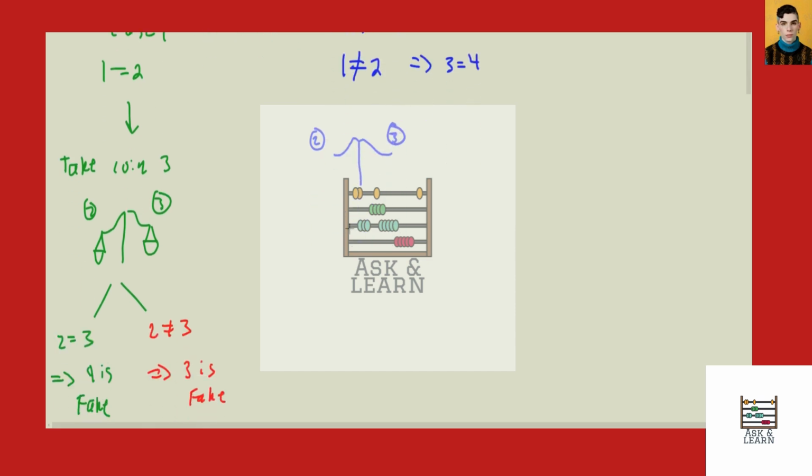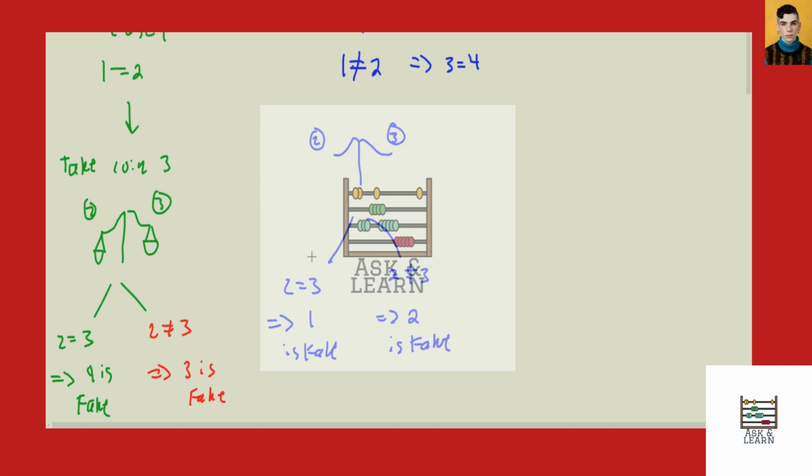Then this is going to be broken up into two different things. We could have 2 is equal to 3, which implies that 1 is fake. And then we have the case where 2 is not equal to 3, and this is going to imply that 2 is fake.